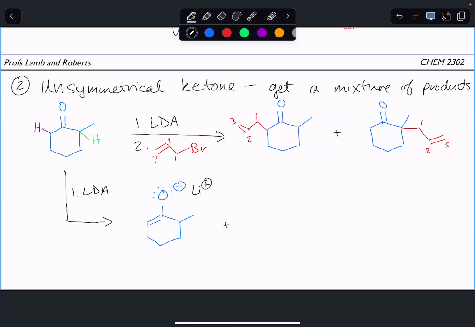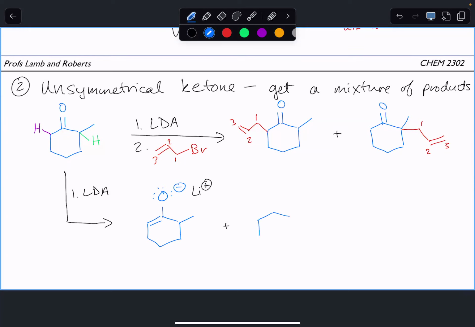This plus this one. So we get two different enolates.